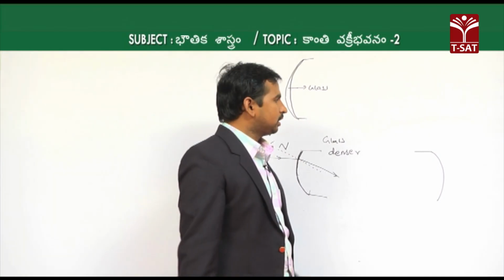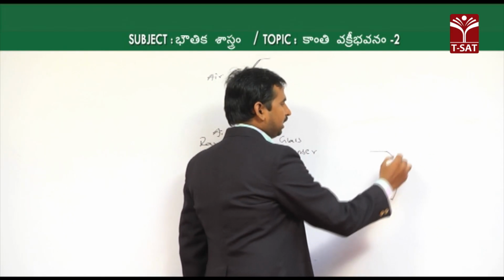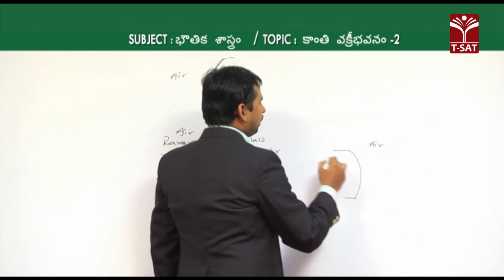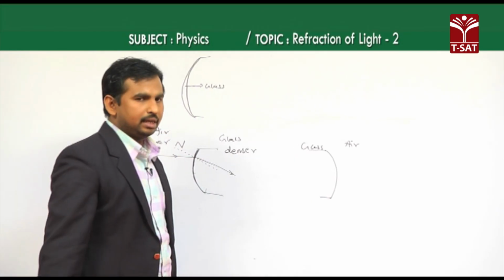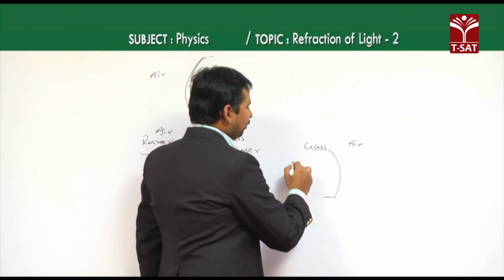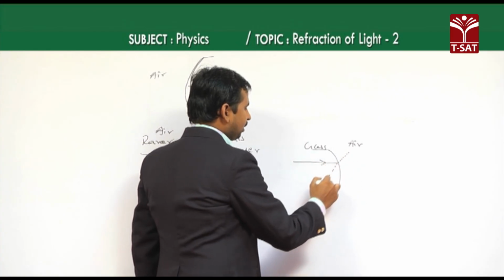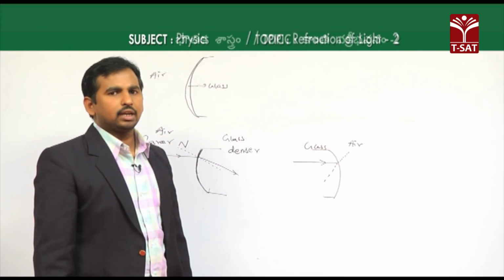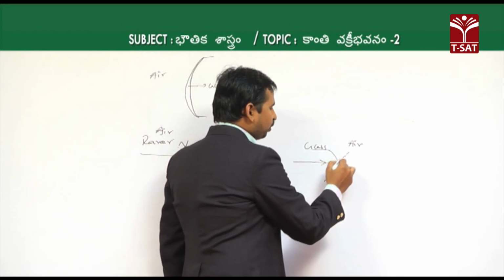Now, let us suppose the light ray is coming from the glass and going back out to the air. This is the air and inside we have glass, this is the part of the glass. The light ray is coming from the glass like this, and this is the normal. Does the light ray bend towards the normal or away from it?